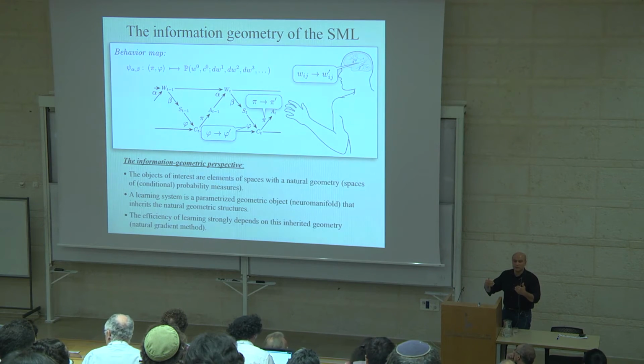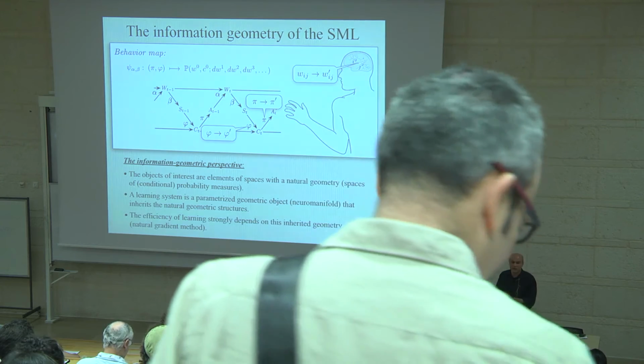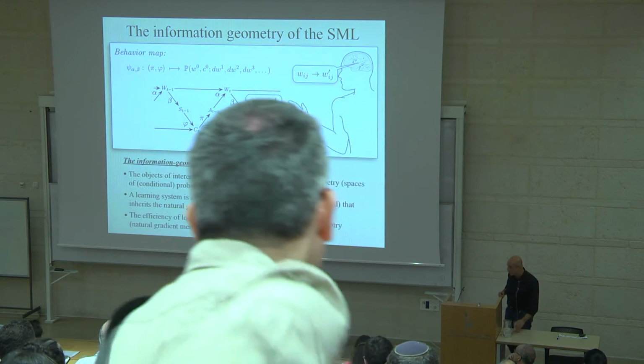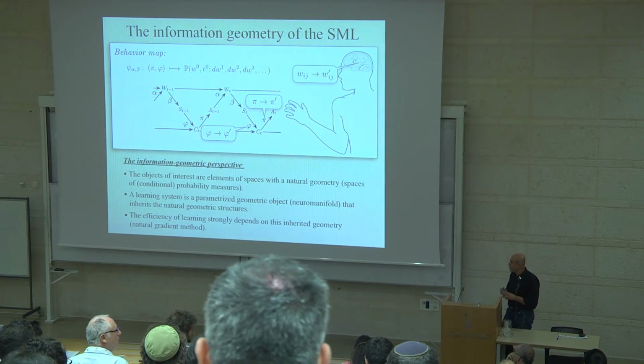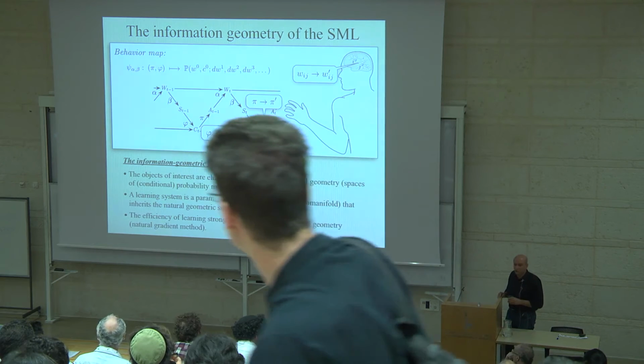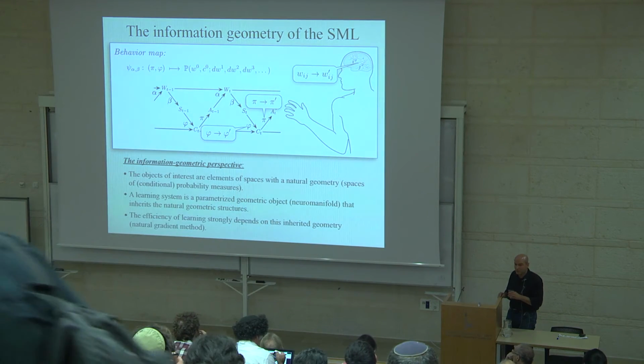This gives you a nice metric on the manifold, which can be used for defining the learning algorithm. It has been shown by Amari and many other people that it works quite well. So that's the information geometric approach to learning systems.